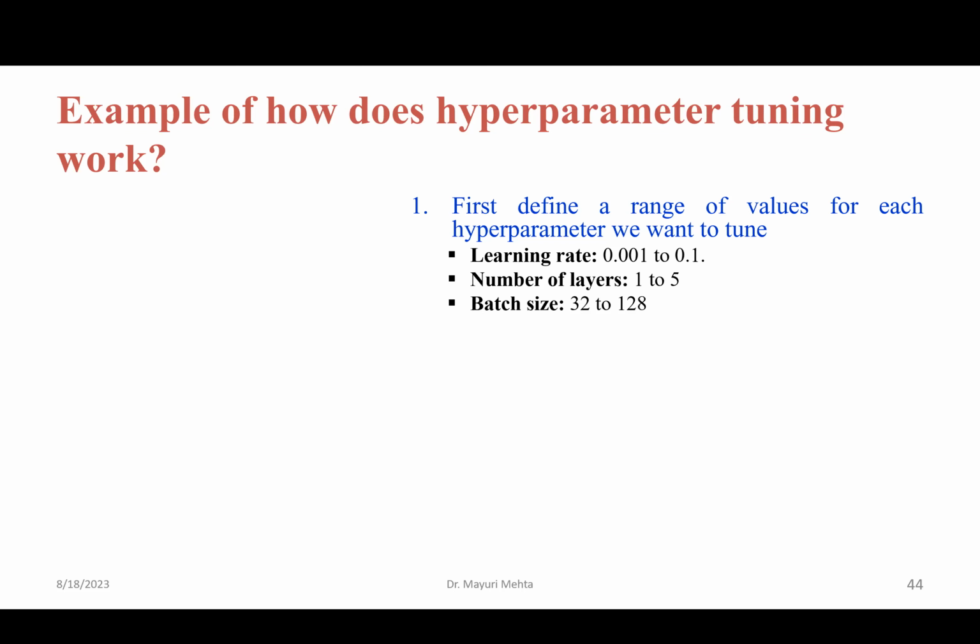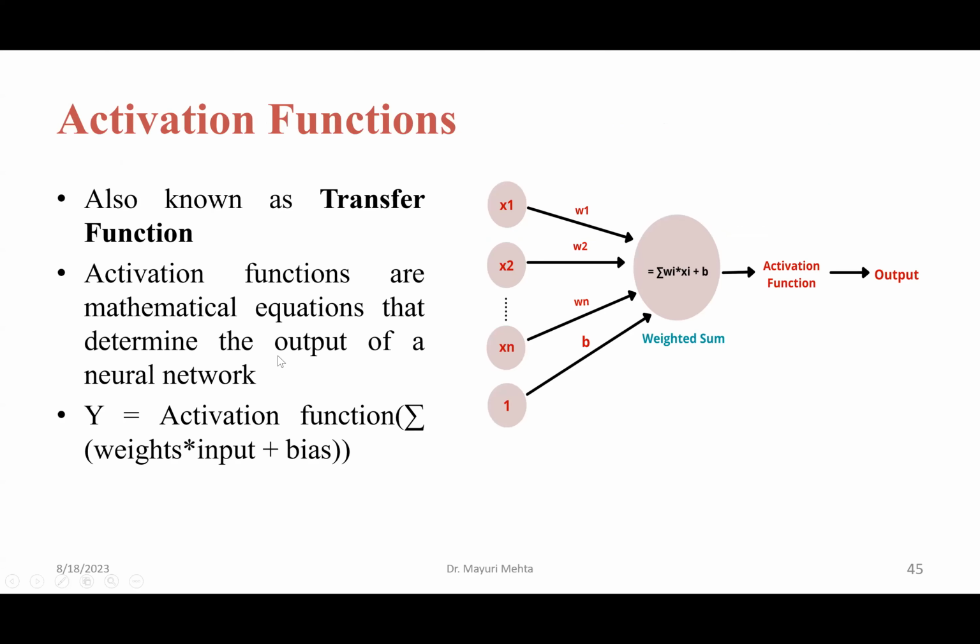In a neural network, the weighted sum of input is passed through the activation function. As you can see here, y is equal to the activation function, and in this activation function we pass the weighted sum.